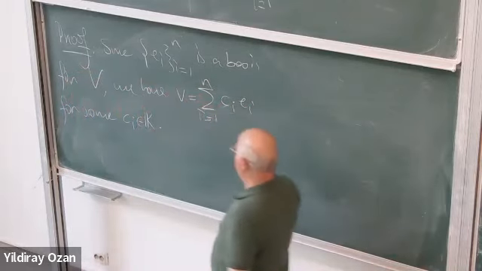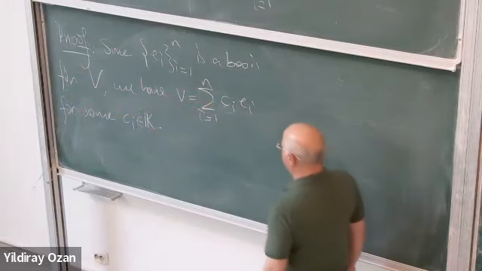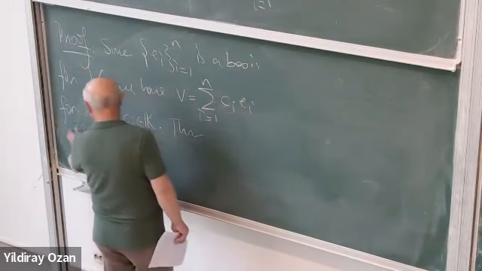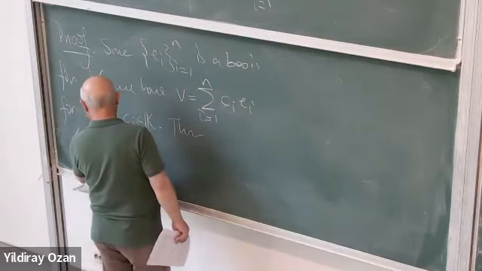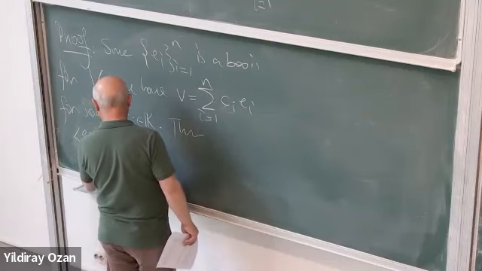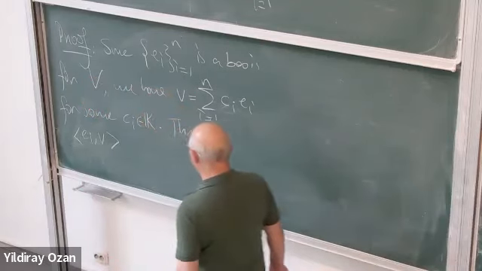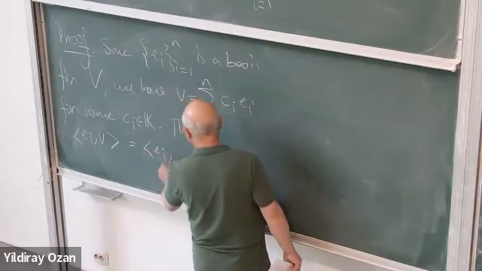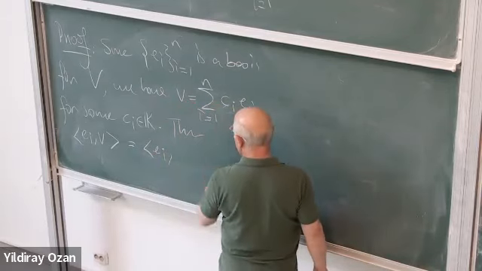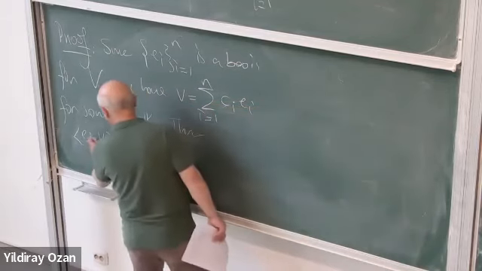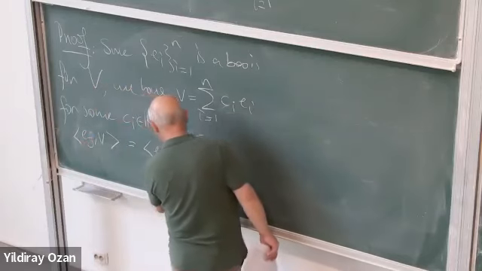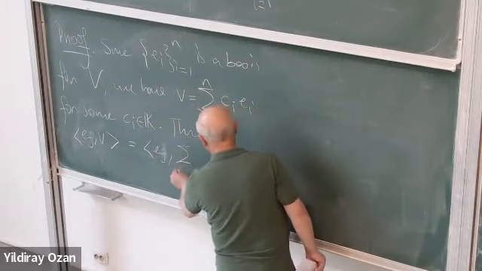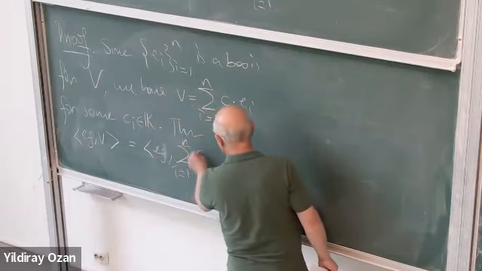But then ei inner product with V is equal to what? Well, this is just ei inner product with this gadget. Maybe I should choose this j because I am using already the index i, so let me make it this way.